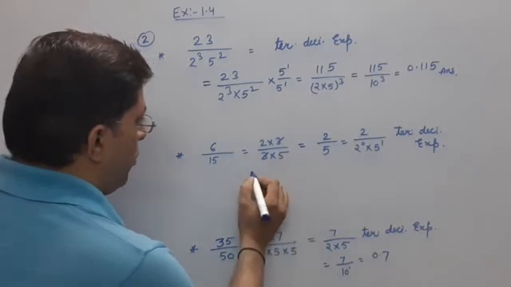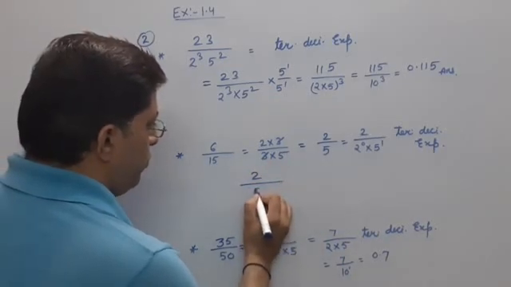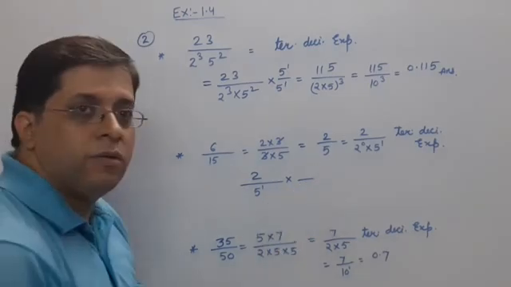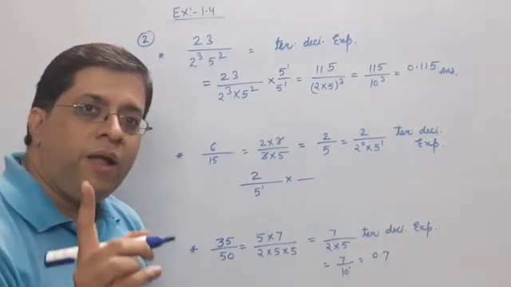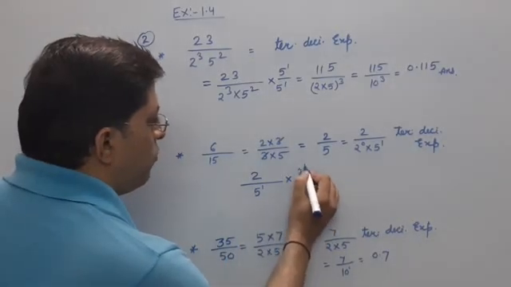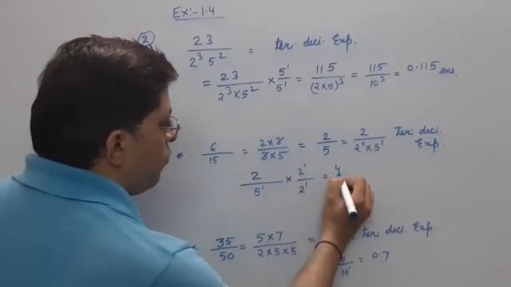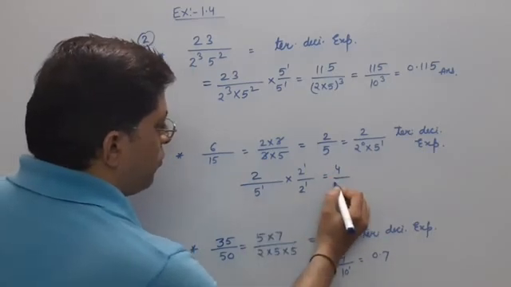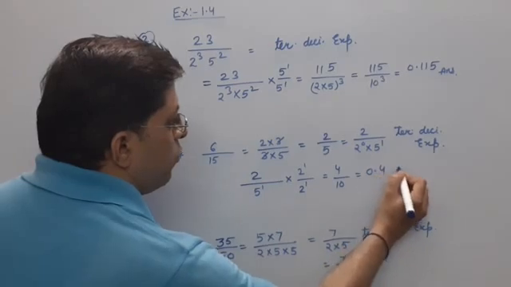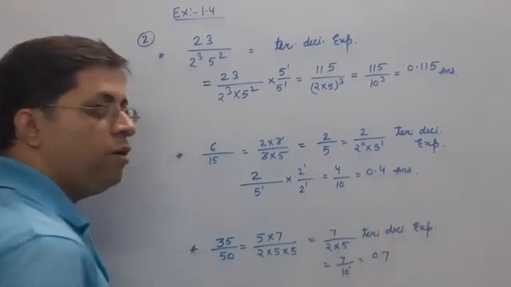Now I have 2 upon 5, here is 5 power 1. I have to multiply and divide by 2 power 1. 2 2s are 4 and 2 5s are 10. This is 0.4. This is your answer.